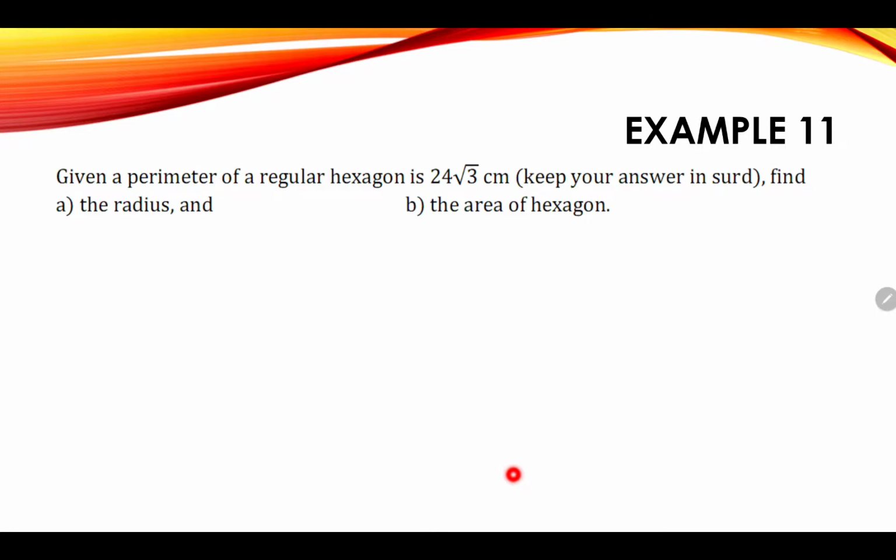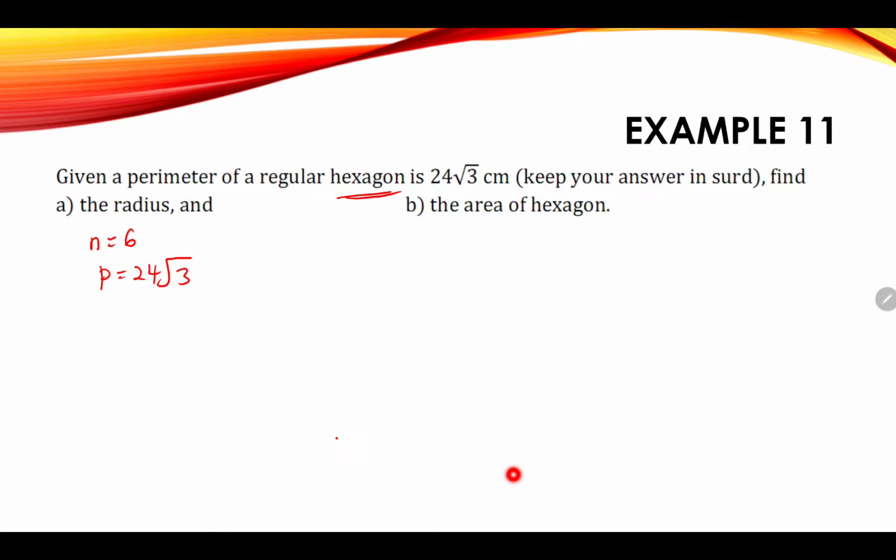Okay, next example 11. Given a perimeter of a regular hexagon is 24 root 3. Find the radius. Okay, radius. So kita tahu dia hexagon, meaning that N equals 6. Dan given that perimeter is 24 root 3.